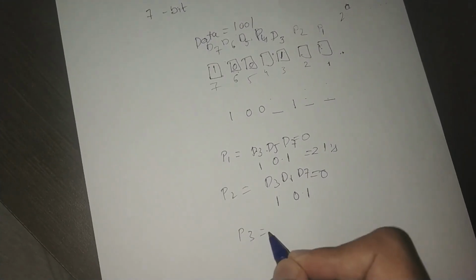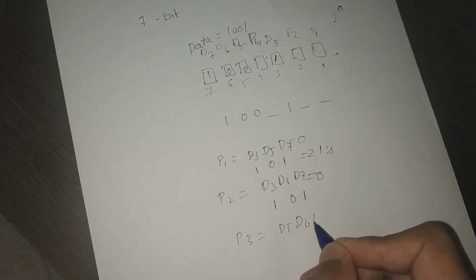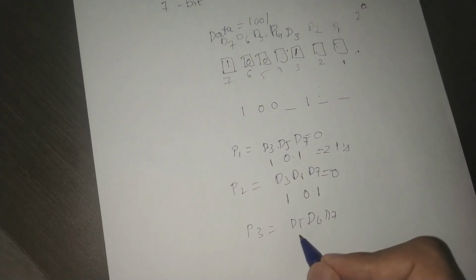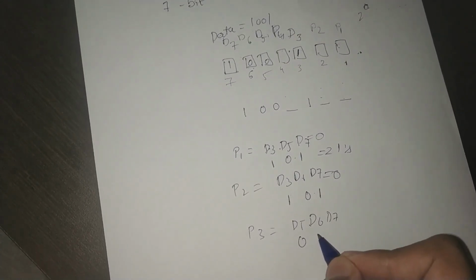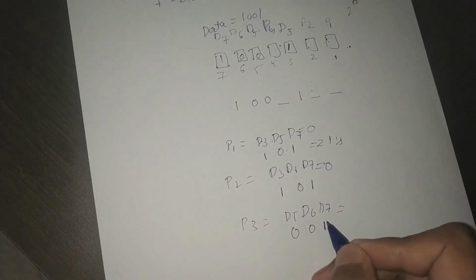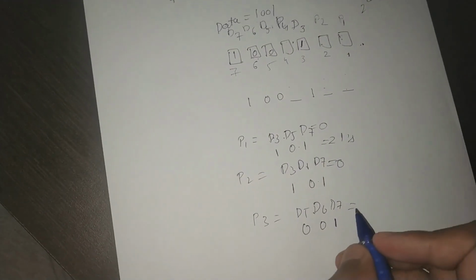Now see P4. P4 covers D5, D6 and D7. D5 is 0, D6 is 0 and D7 is 1. In this case I have only 1 one.